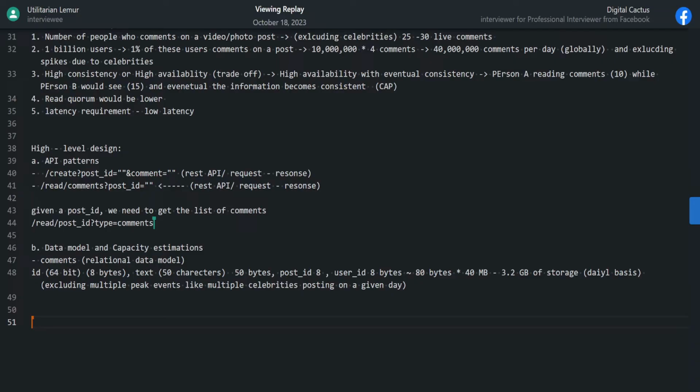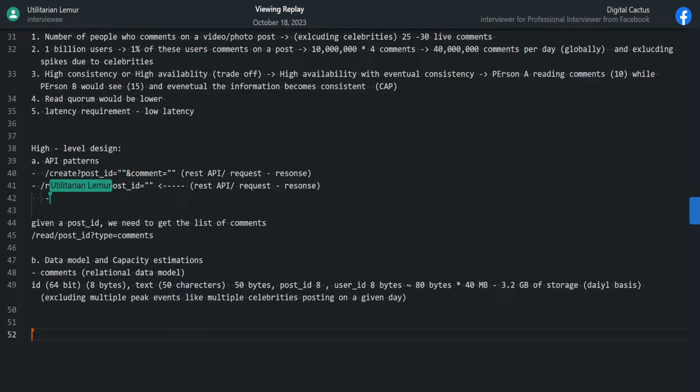Oh, okay. Let me clarify. In this case, either HTTP long poll or a WebSocket connection is what we would provide to get this ongoing set of information.